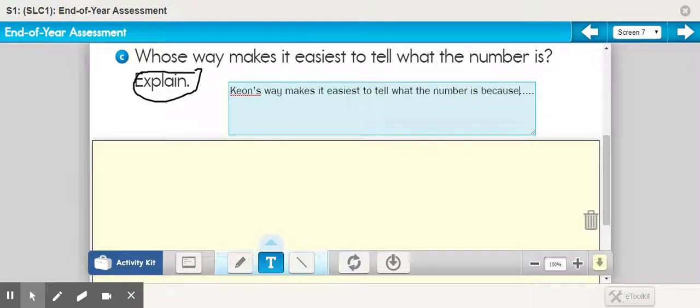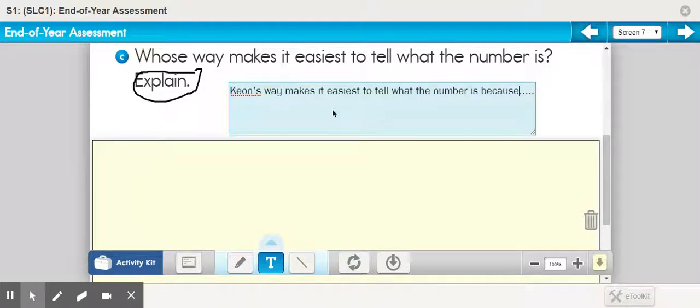So again, looking at that question, I've restated it, and we have worked on this throughout the year to take your question from a question to a statement. And so I've restated my question, and it reads, Kian's way makes it easiest to tell what the number is because. Then the other component of this that I want you to think about are those math vocabulary words. You can't put because I know it.